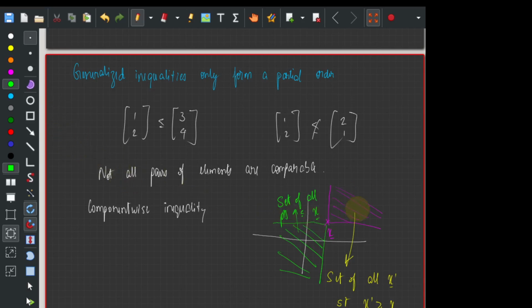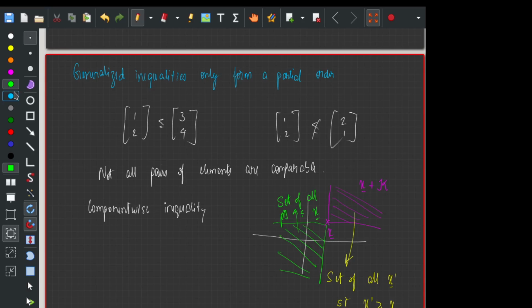So this is simply equal to the vector X plus the cone K. And what is this set? The set of all points less than or equal to X. It's just X minus K.